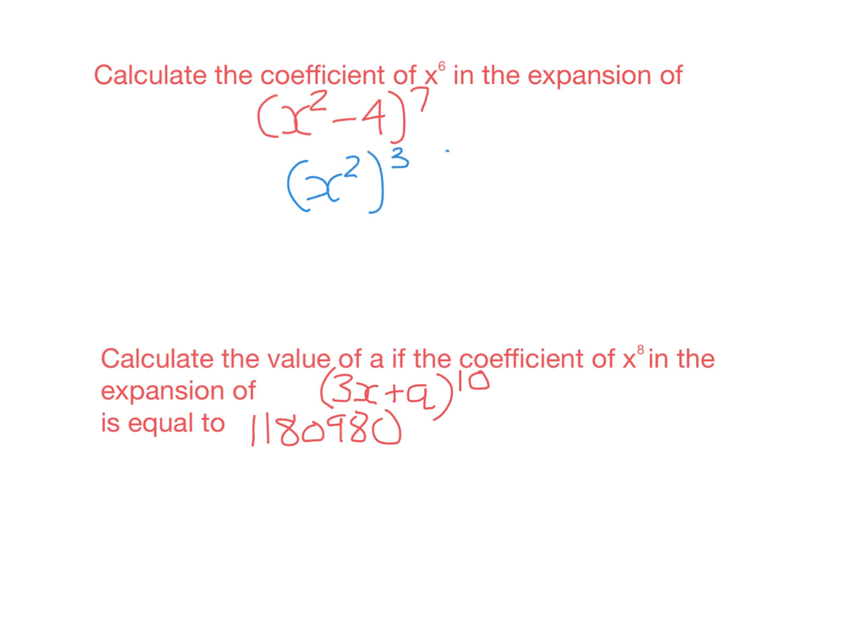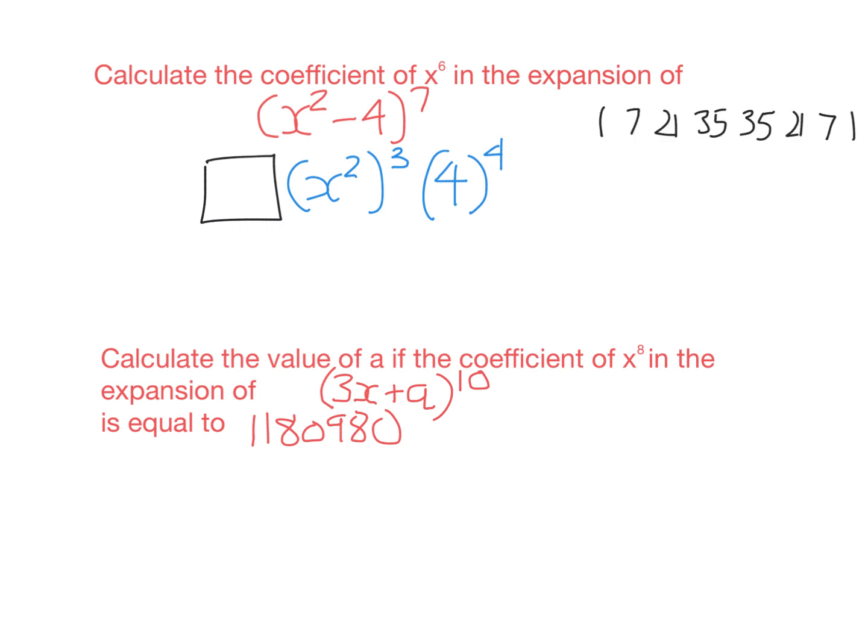Now, because the powers will always add to 7 when we expand it, as we learned in the previous slide, the other term will be 4 to the power of 4. So this is starting to look like what this term will be. Now, to understand what the coefficient will be here and whether it's positive or negative, we need the 7th row of Pascal's triangle.